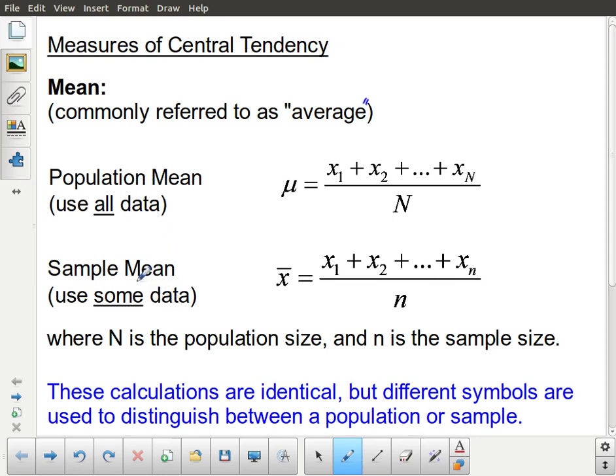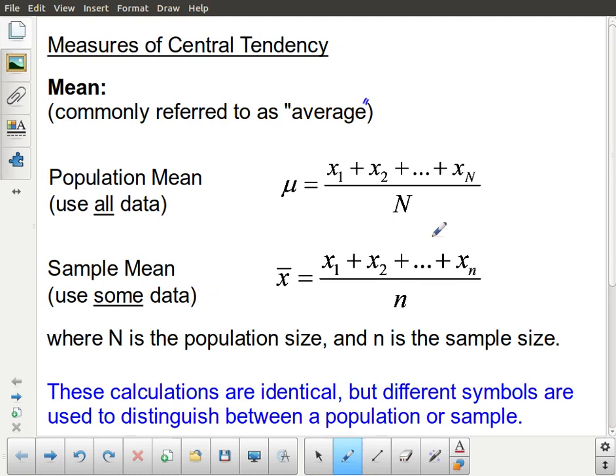A sample mean would be if you were doing an experiment on the students in a school and you were only going to sample, say, 1 out of every 10 students selected randomly, or specific grades, that sort of thing. Then you are doing what's known as a sample mean. You are not sampling every single student, you're only sampling some subsection of those students.